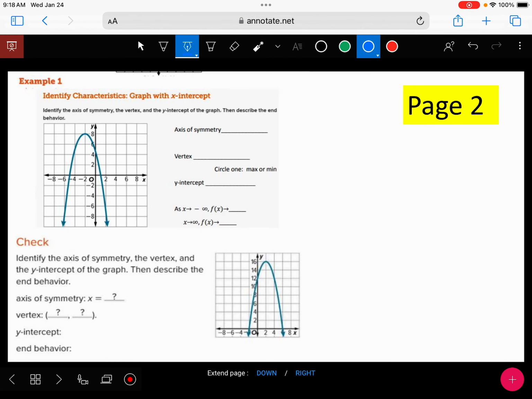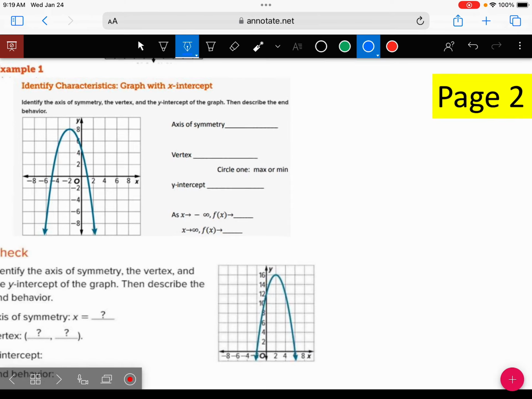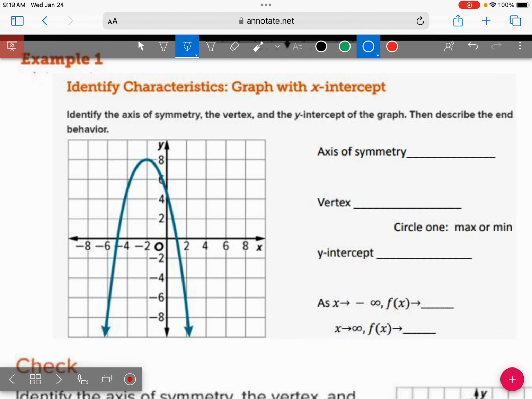Okay, so let's go to page 2 and let's identify some of these characteristics for this graph. Okay, so first of all, is this parabola a smile or a frown? It's a frown. So do you think we have a maximum or a minimum? Whenever it's a frown, it has a maximum.